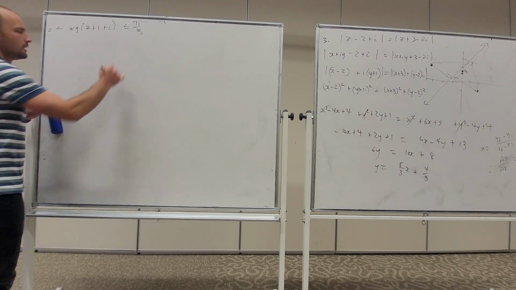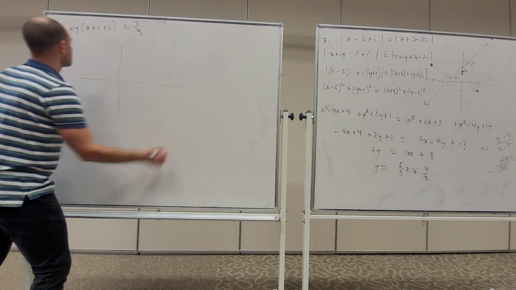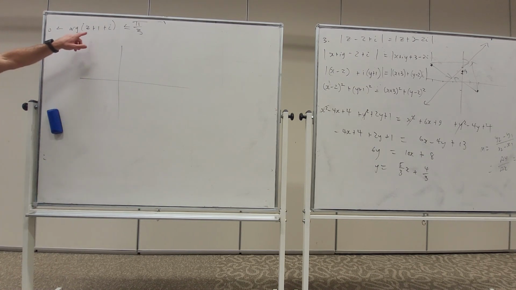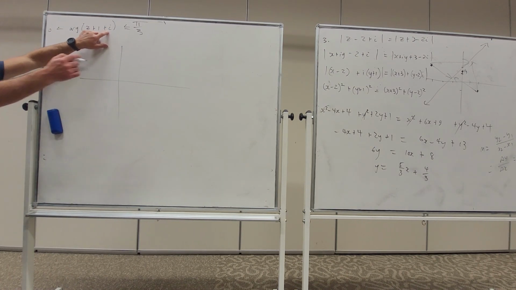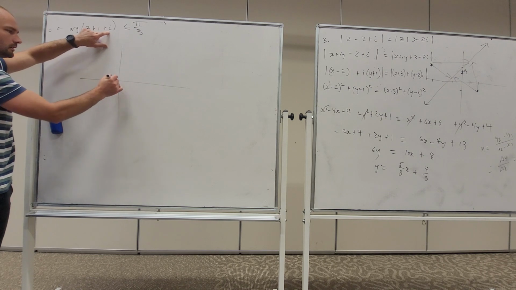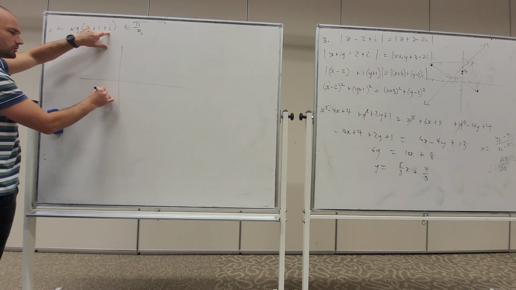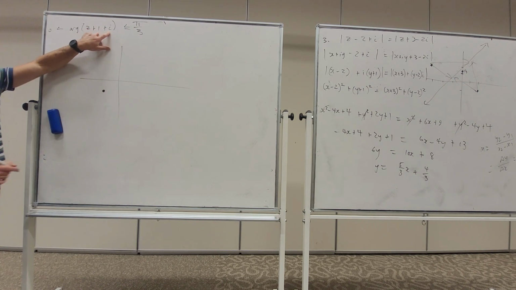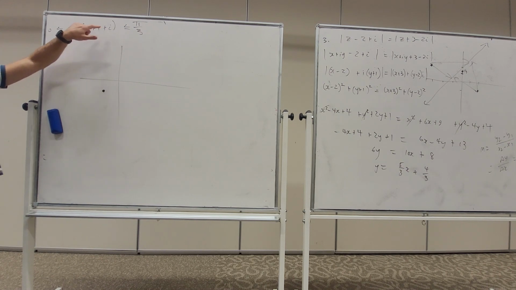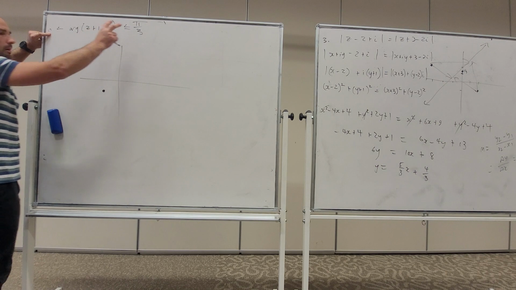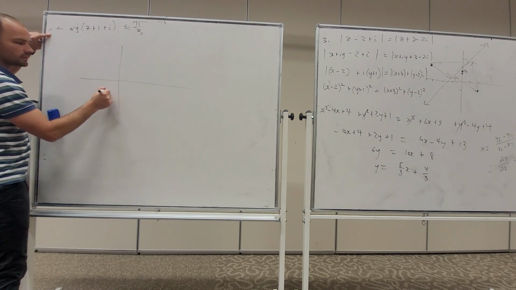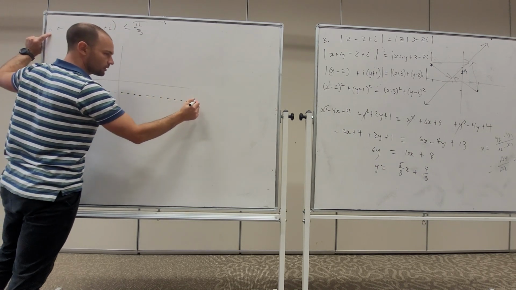All right, so what that means is we're drawing a complex number from this location. So it's across one, down one. We're drawing it from here, and the complex number drawn from this location has an argument that lies between 0 and pi on 3. So 0 is here, and we're not including 0.